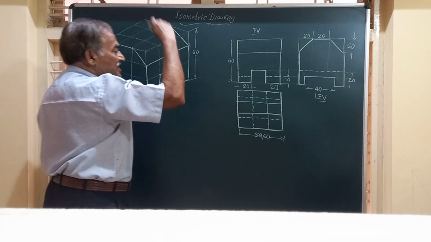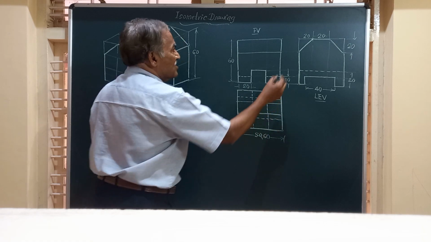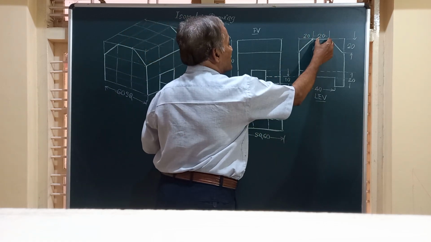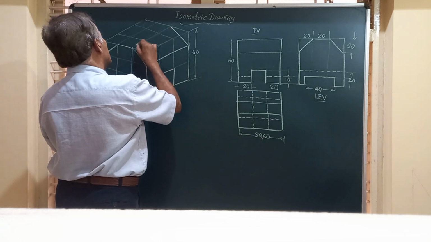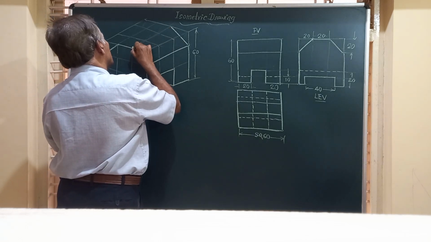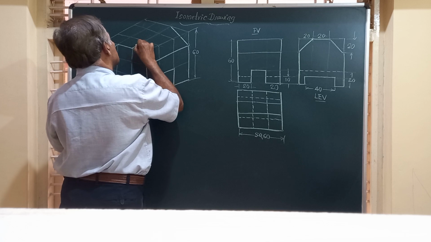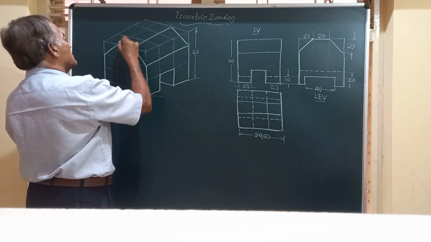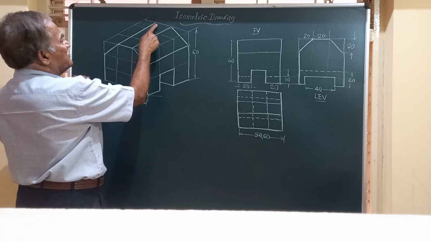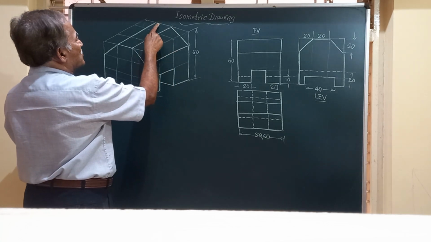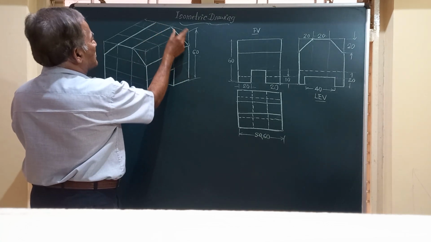So in the top, you have got three rectangles, one for this, one for this, and one for this. So I am going to make all these parallel lines from all these corners. This is one surface. The second surface has got a width, as you know, of only 20. This width is also 20.